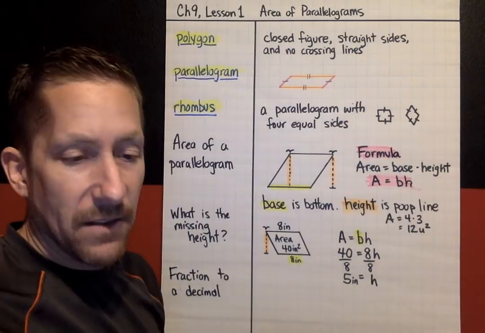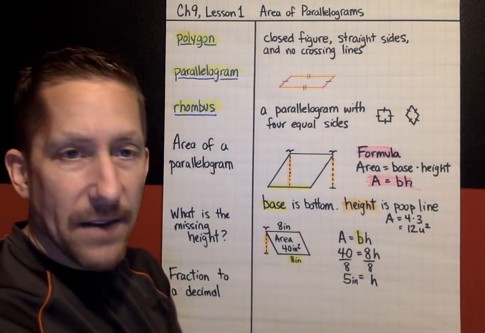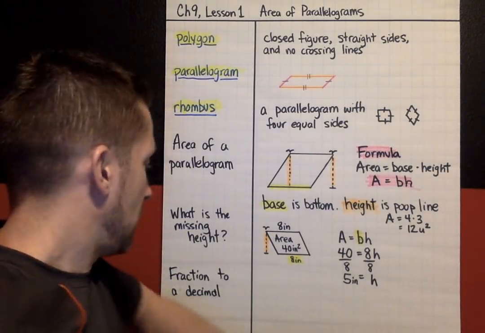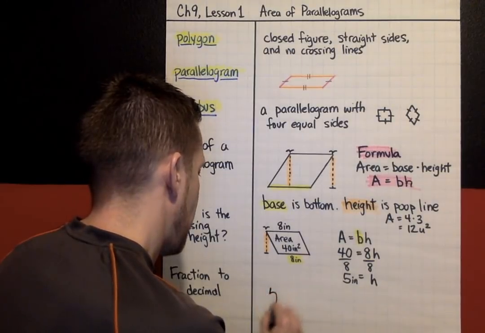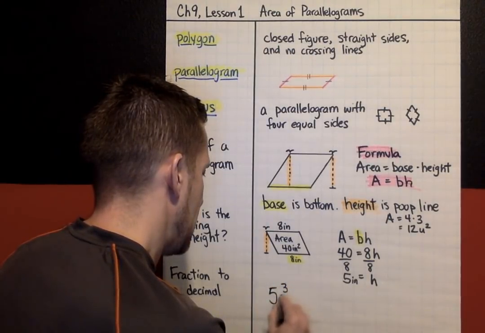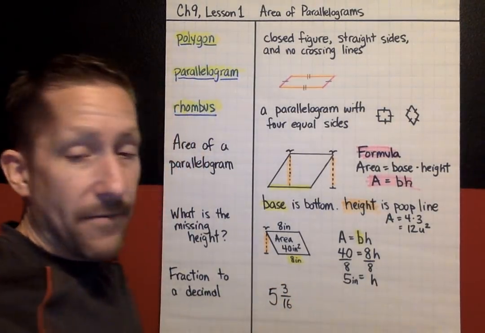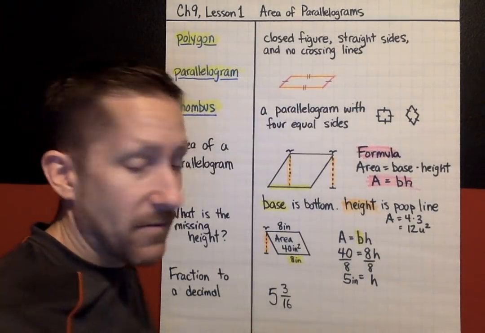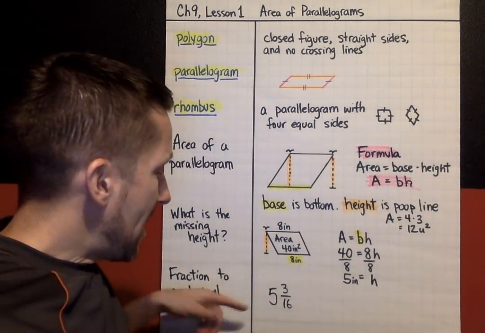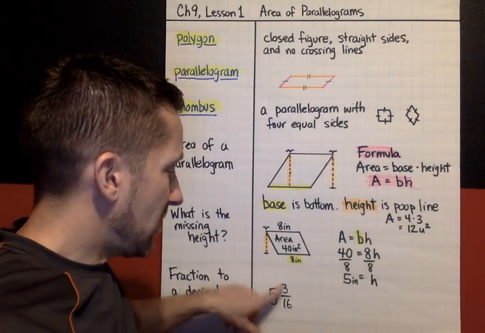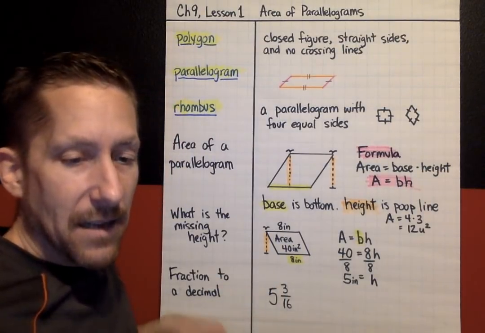If you want to use a regular old calculator that does not do fractions, here's an example, 5 and 3/16. If I want to use my calculator for that amount, 5 I can enter in the calculator, but 3/16 I can't.